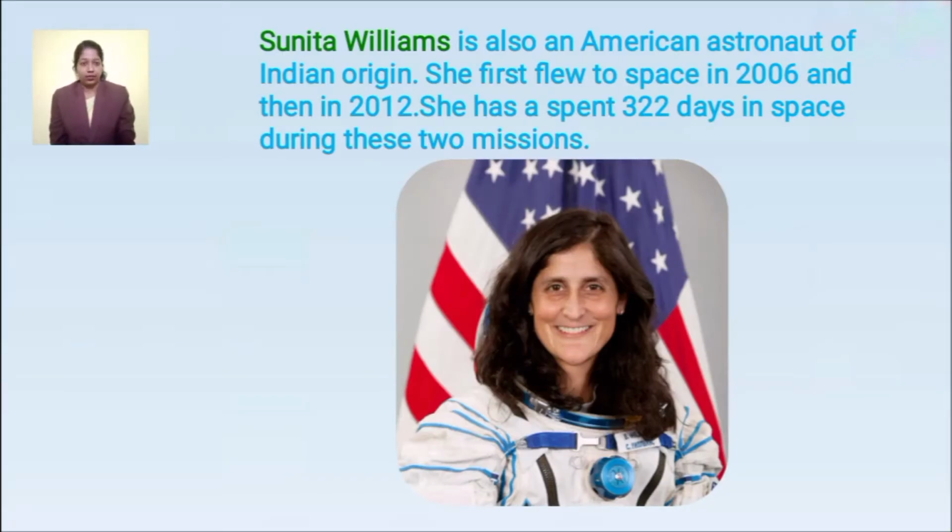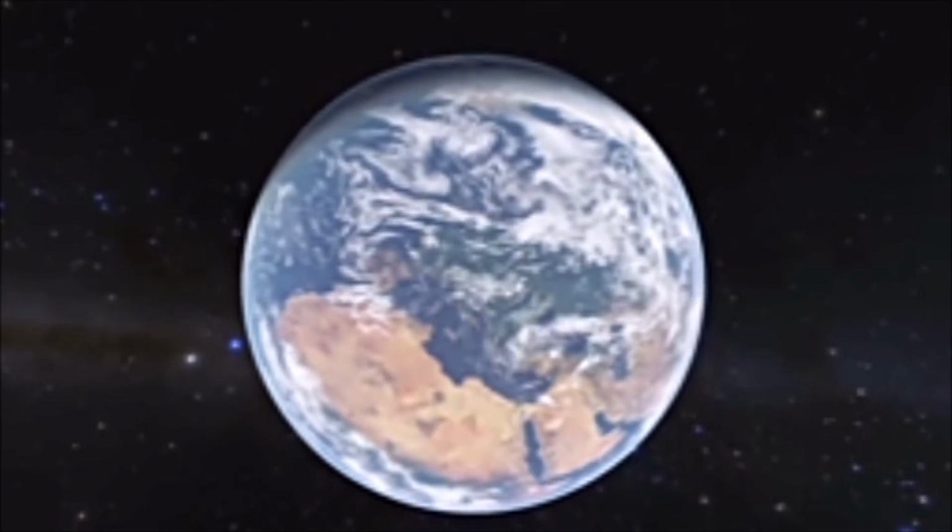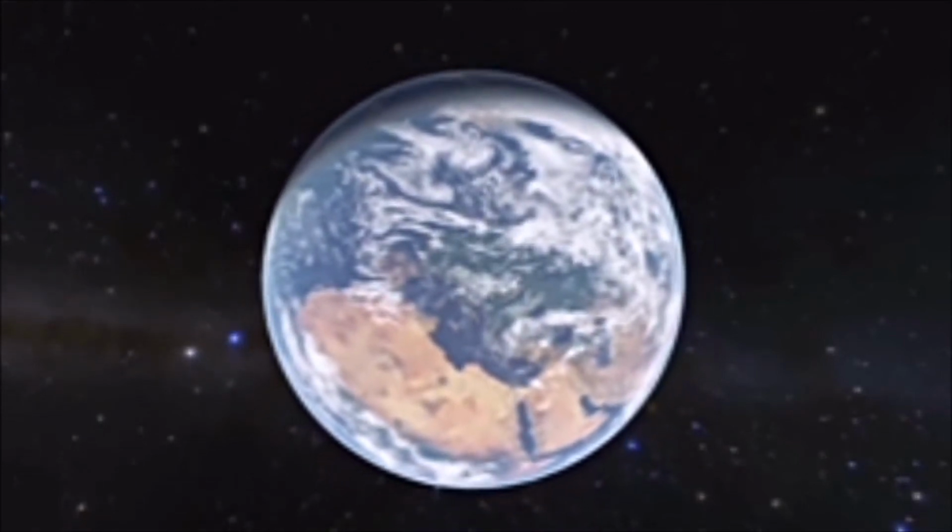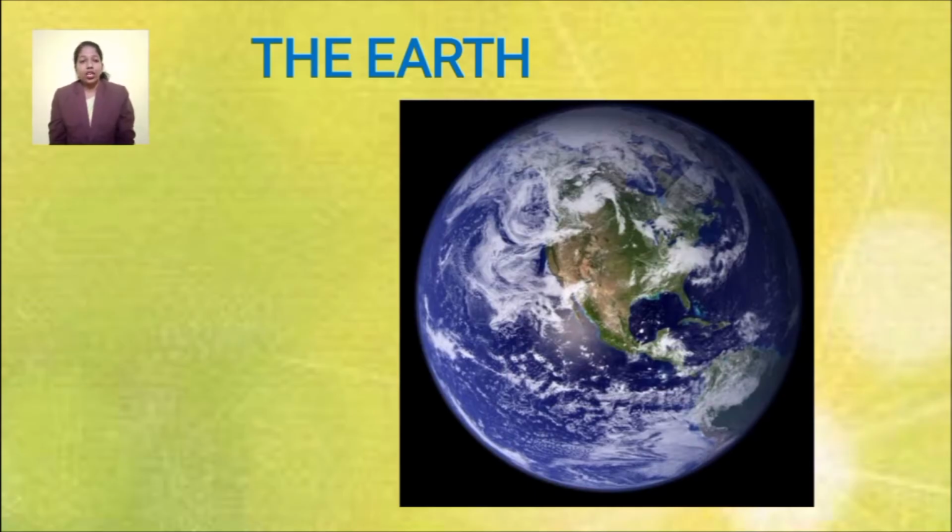And the earth. So the earth and the other seven planets are the members of the solar system, and there are many other heavenly bodies which are found in space. So now let's study about some of them.